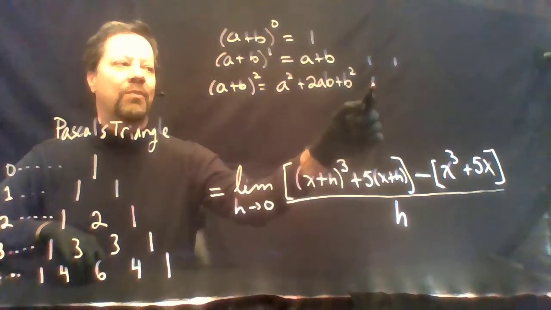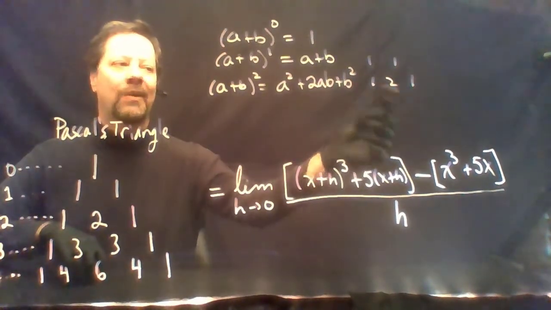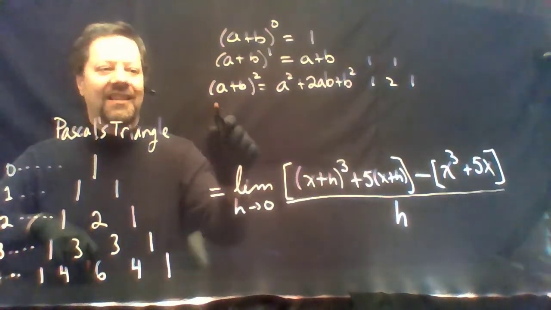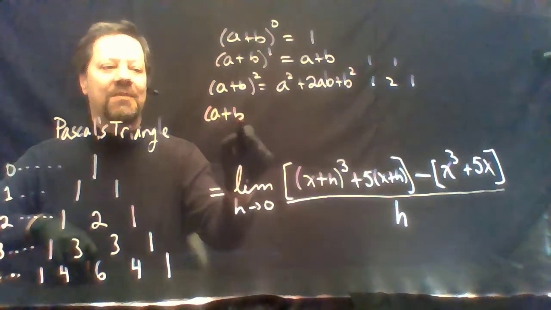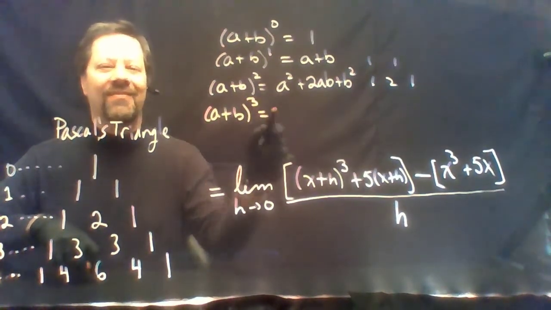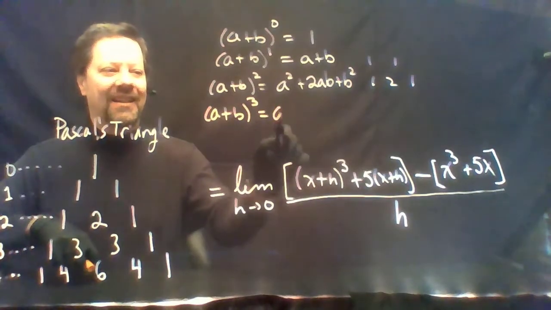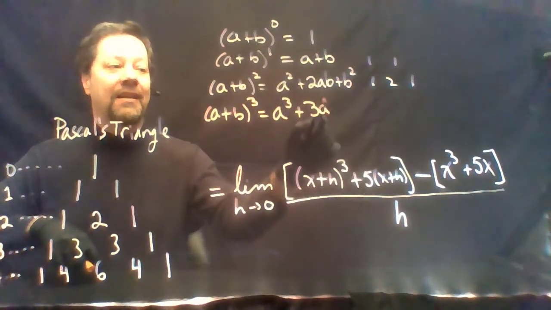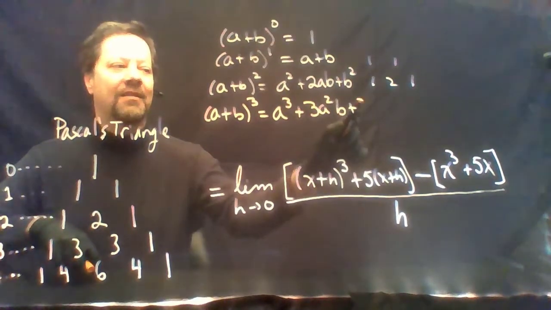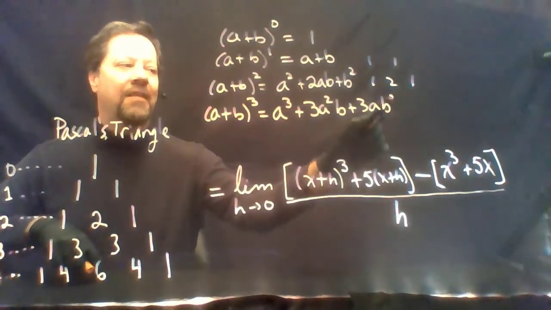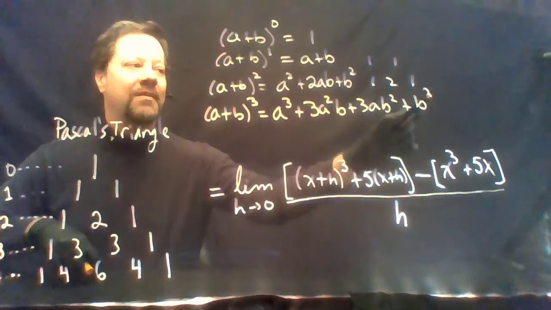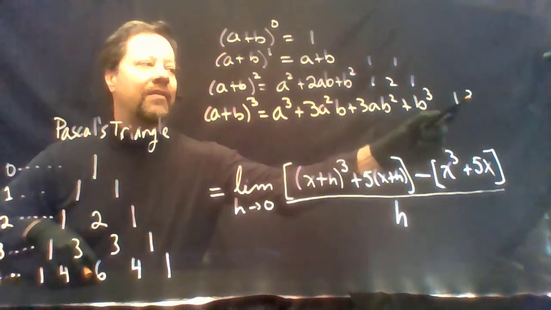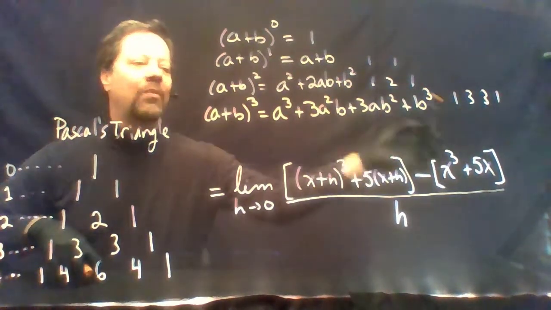The coefficients are 1, 2, and 1. Guess what you get for a plus b cubed? You get a cubed plus 3a squared b plus 3ab squared plus b cubed. 1, 3, 3, and 1.